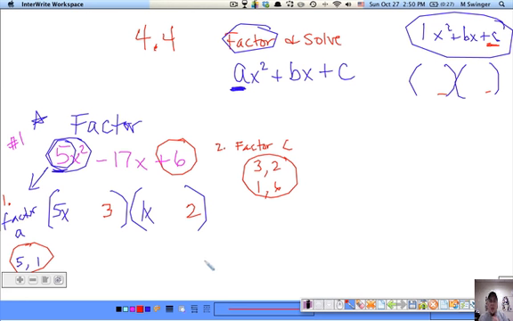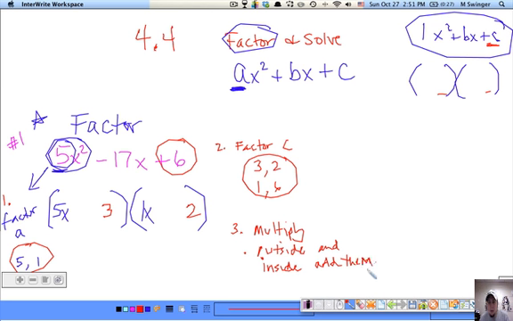Okay, so here's my third step that I just kind of thought of to do it this way rather than the way the book does it. My third step is multiply the outside and inside, remember FOIL, the O and the I, and then add them.